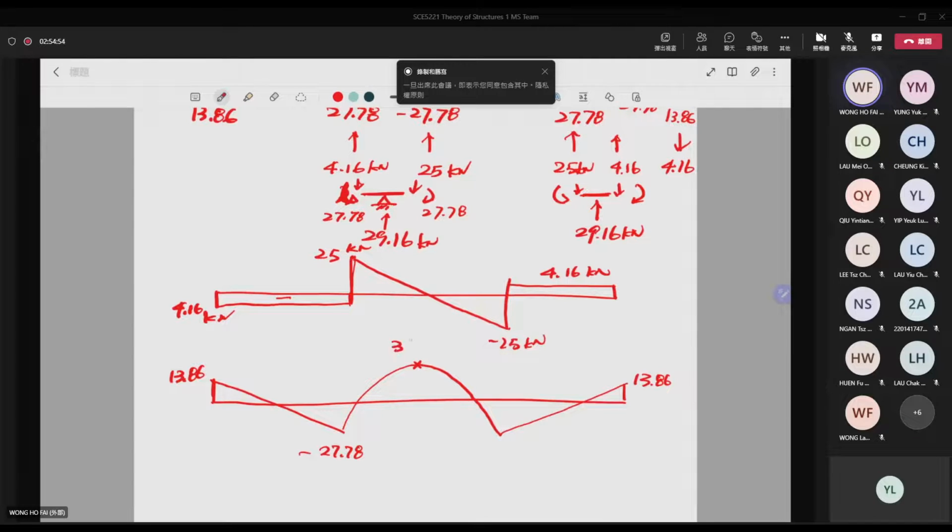This is 34.72. Again, this one is negative 27.78. Okay. So you can immediately draw your shear force and bending moment diagram. So is it okay for you? So again, this method is quite straightforward, and you can apply it to different situations.